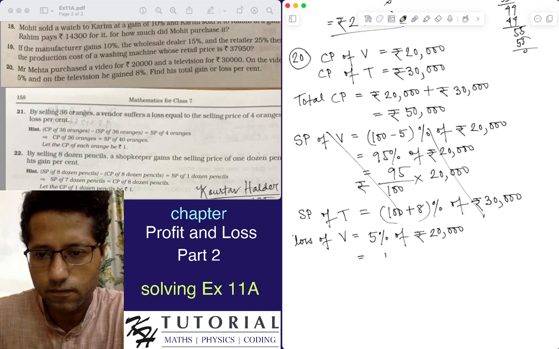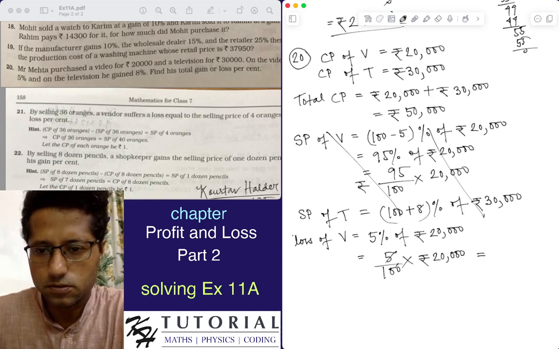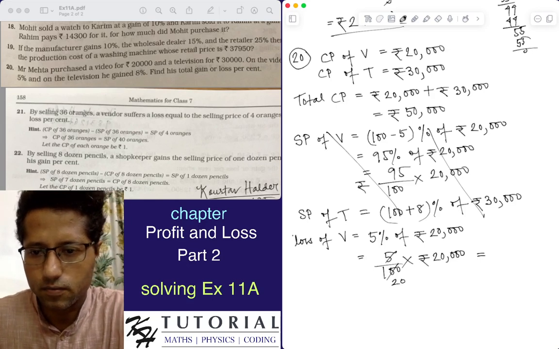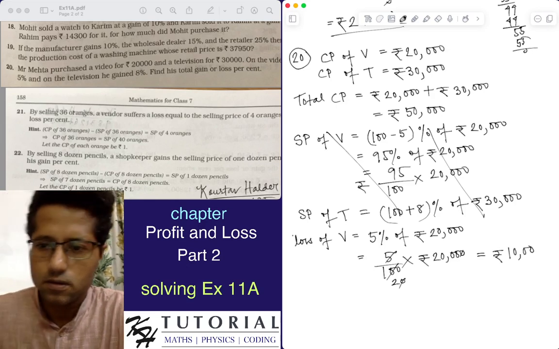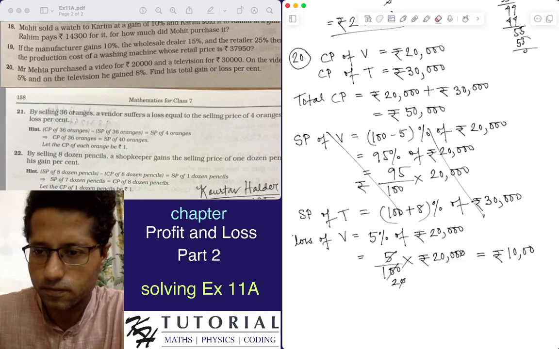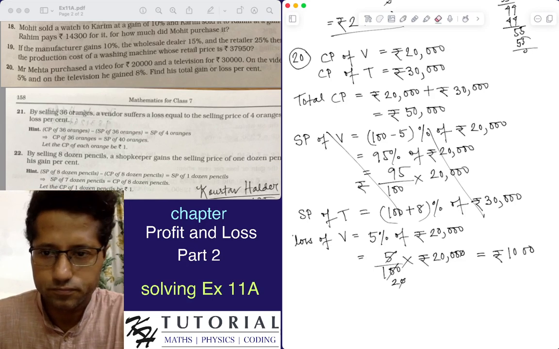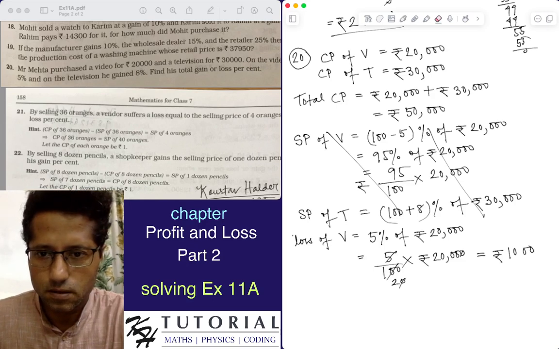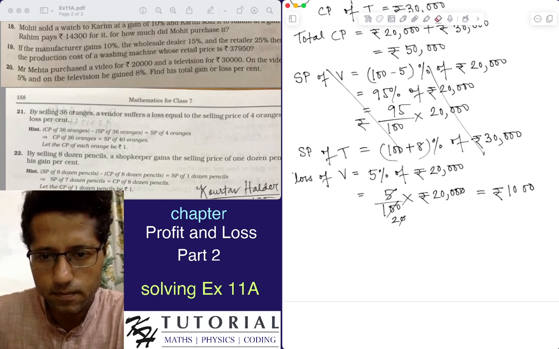This is 5 by 100 into rupees 20,000, and this is equal to, this is 20 and 20, so this should be rupees 1,000. So a loss of rupees 1000 was made on the video.